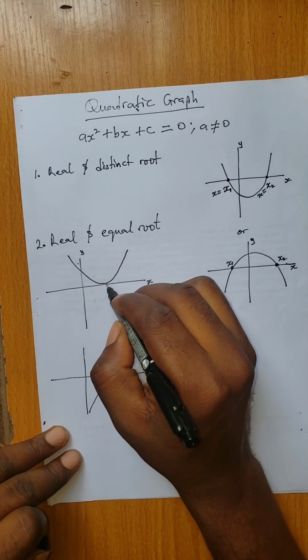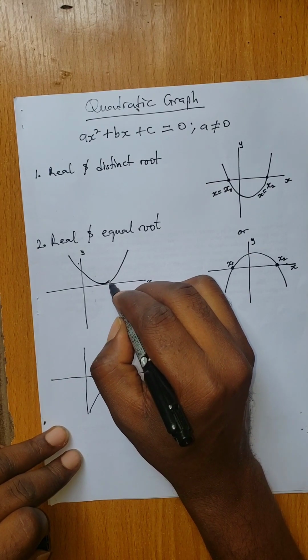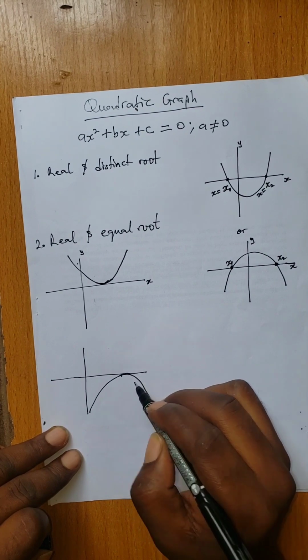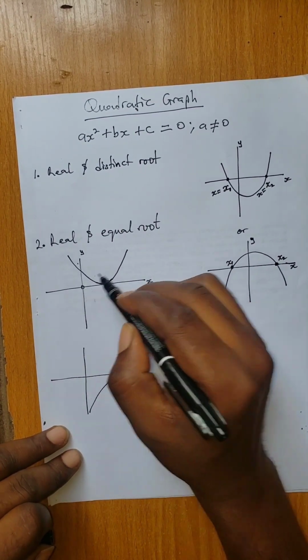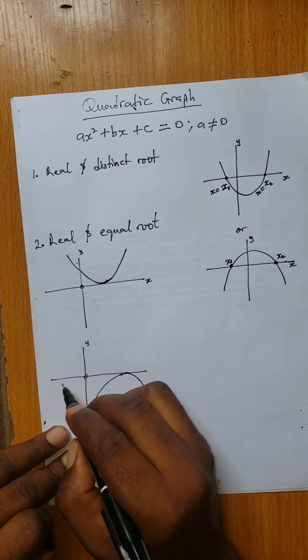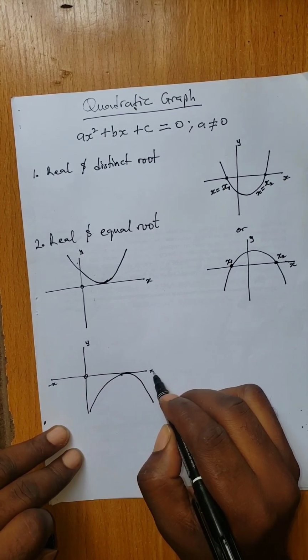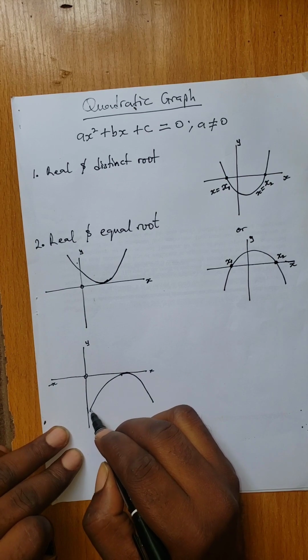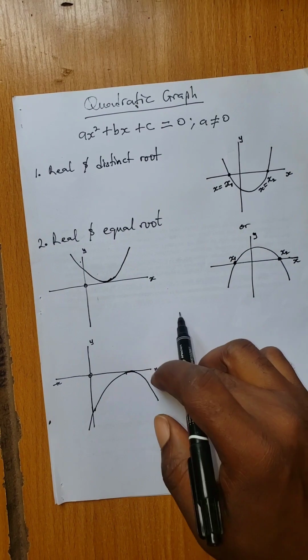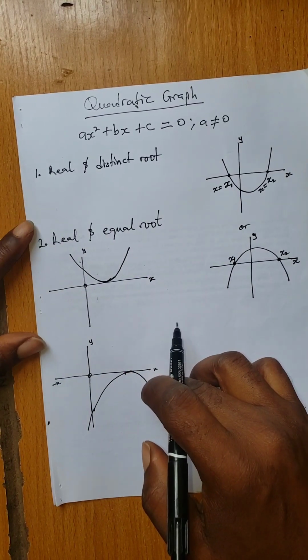So don't mind my curve. So of course, here is our origin. So this is your y and this is your minus x-axis. Okay, so we can have a curve of this nature on real and equal roots.